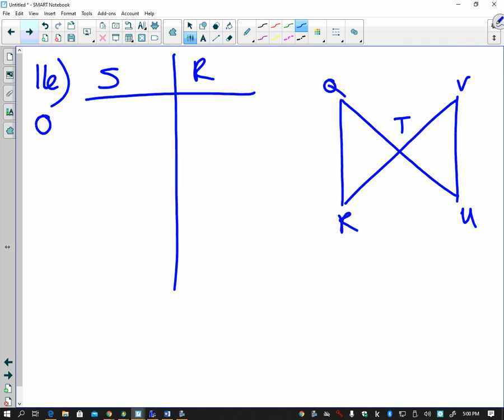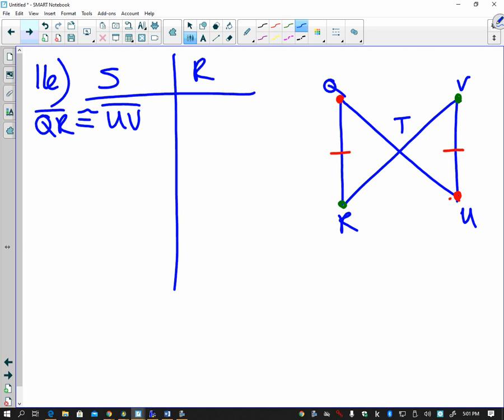They say that QR is congruent to UV. So with that, we can go ahead and put that in. QR, so that's this length right here, is congruent to UV. Now notice that it said QR to UV. So Q is to U as R is to V.